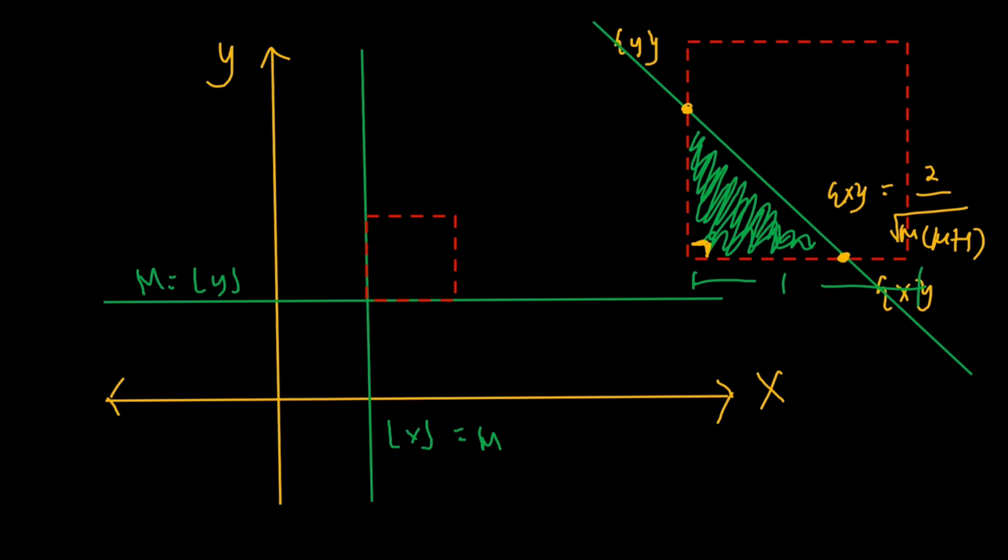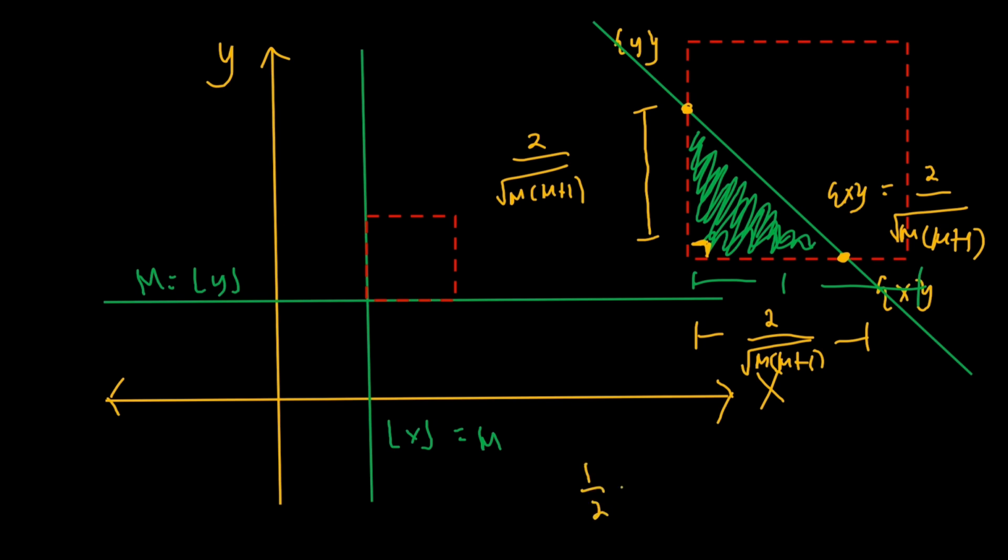So we know that this portion is just 2 divided by the square root of m times m plus 1. And that's going to be true for the height over here as well. Okay, and if I try to solve for the area of this green shaded region, it's just going to be 1/2 times base times height.